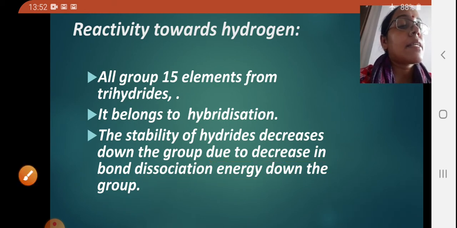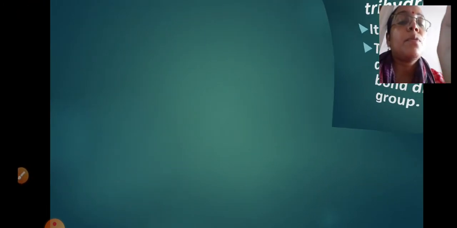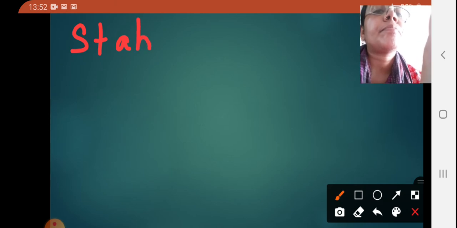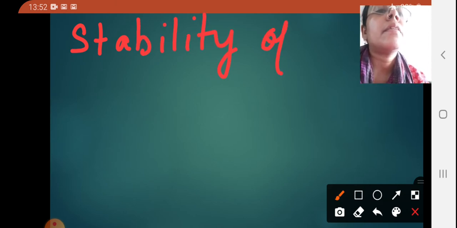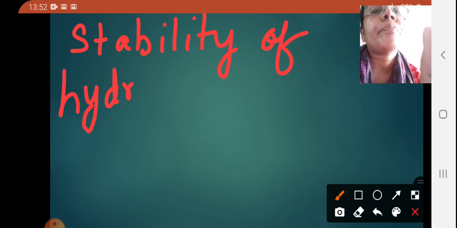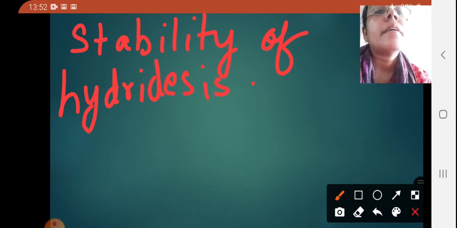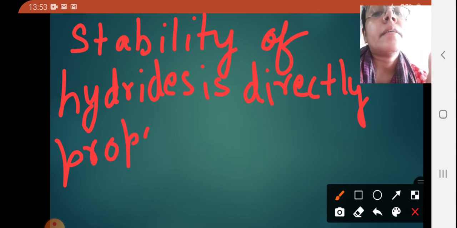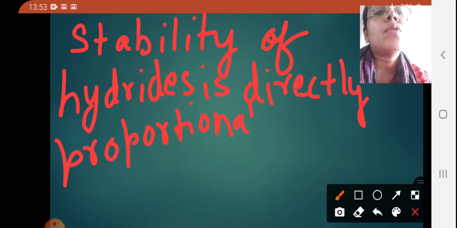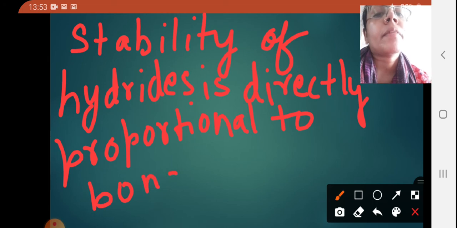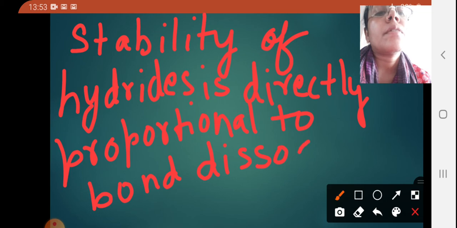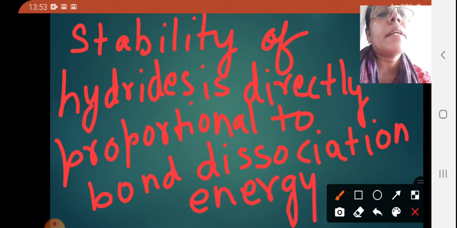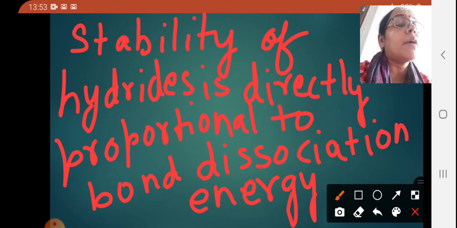I am writing this point here: stability of hydrides is directly proportional to bond dissociation energy.